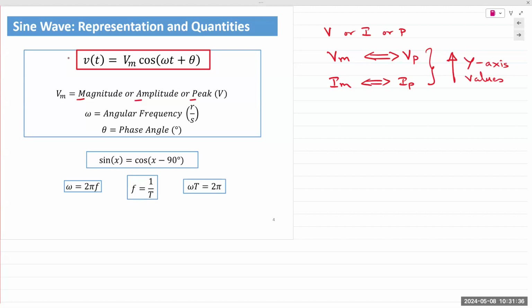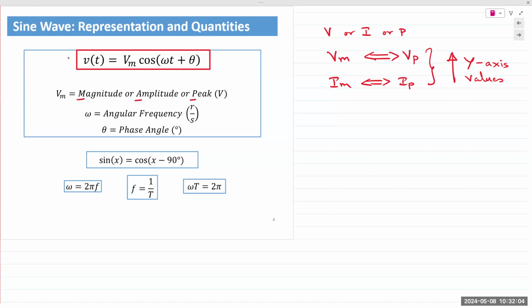Okay. And then we have omega, angular frequency, lowercase Greek letter omega, angular frequency in radians per second. And then theta, the phase angle, again, Greek letter theta, phase angle in degrees. There is a specific reason why we keep the phase in degrees and not combine it in radians.